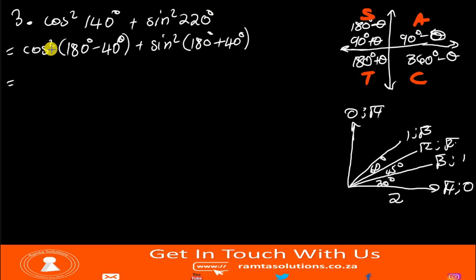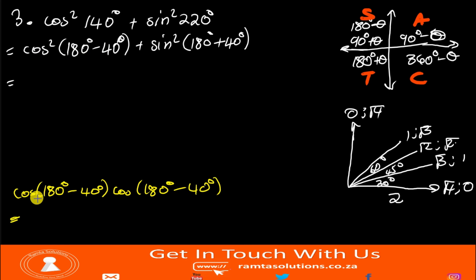I already mentioned that when you have a square, it means something multiplied by something. So let me write it here: cos of 180 degrees minus 40 degrees times cos of 180 degrees minus 40 degrees. We know cos in the 180 minus quadrant is negative.